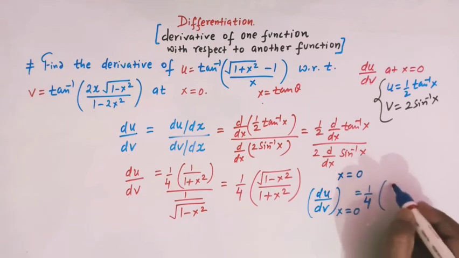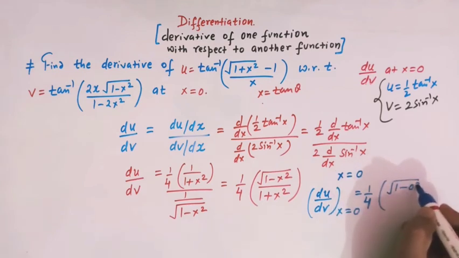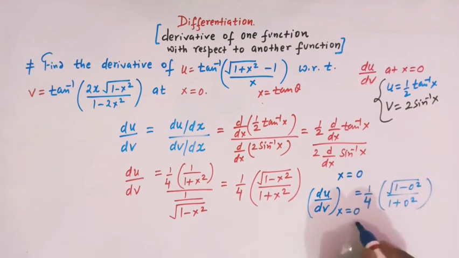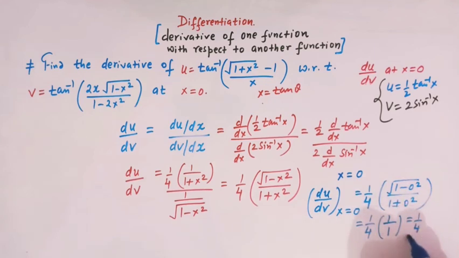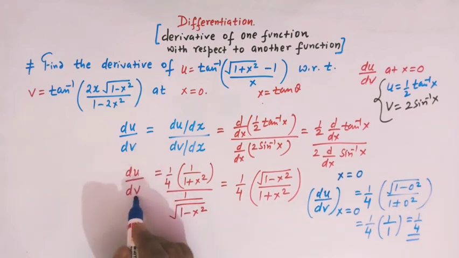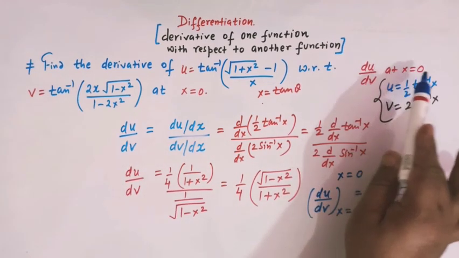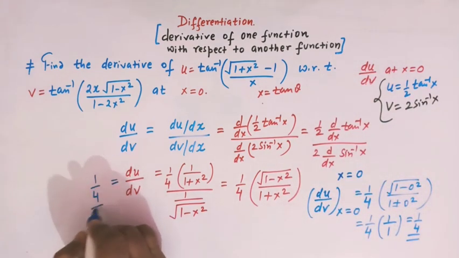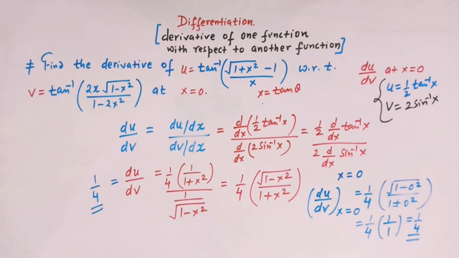So we have square root of 1 minus 0 square, and here we have 1 plus 0 square, and we see that we have 1 over 4. This is 1, this is also 1, and we are left with only 1 over 4, right? So the derivative of u with respect to v at x equal to 0 is equal to 1 over 4, right? So viewers, this is how we solve this problem.